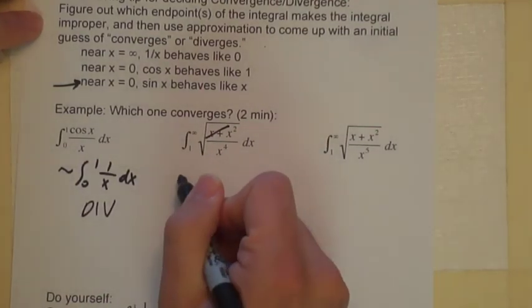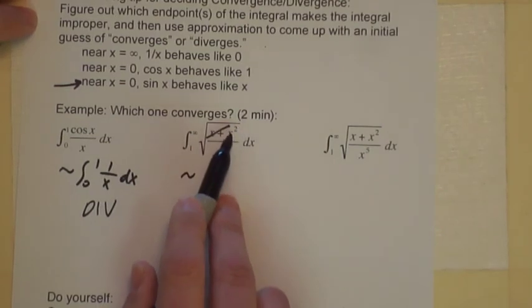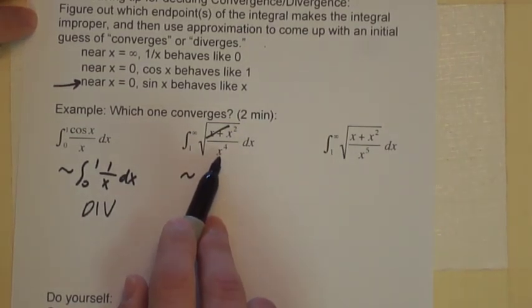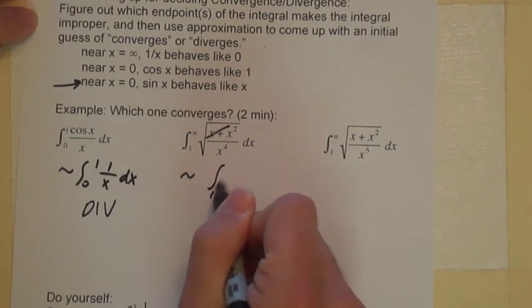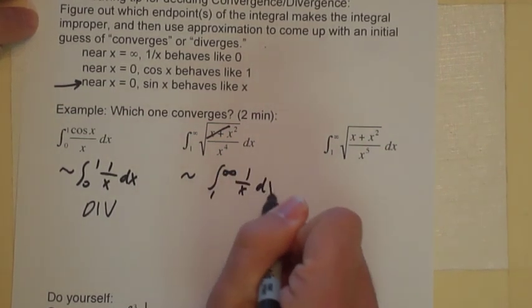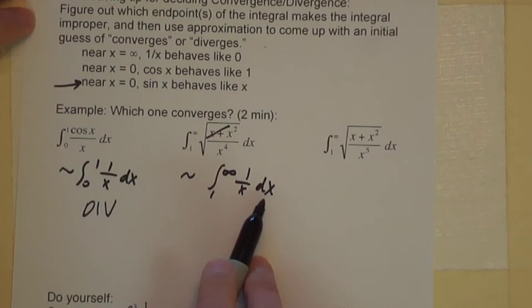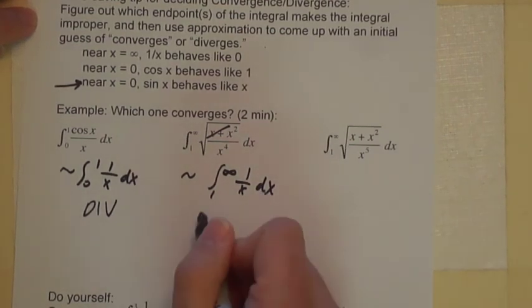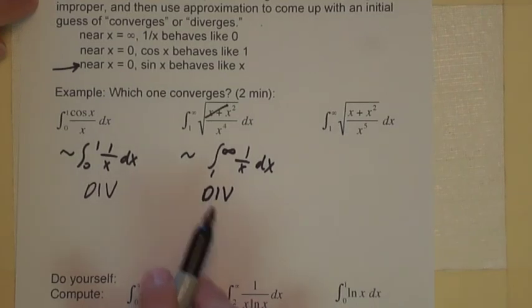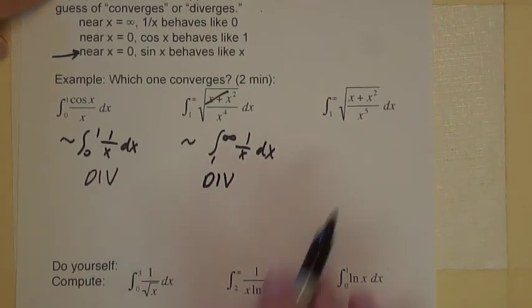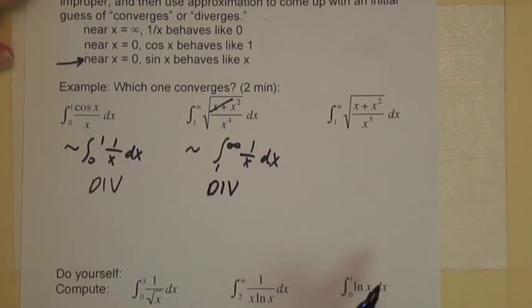And you can approximate this as the square root of x squared over x to the 4th, which is the square root of 1 over x squared, which is 1 over x again. Also by the p-test, this version of the 1 over x improper integral also diverges. So it's not that one. Therefore, it must be this third one that converges.